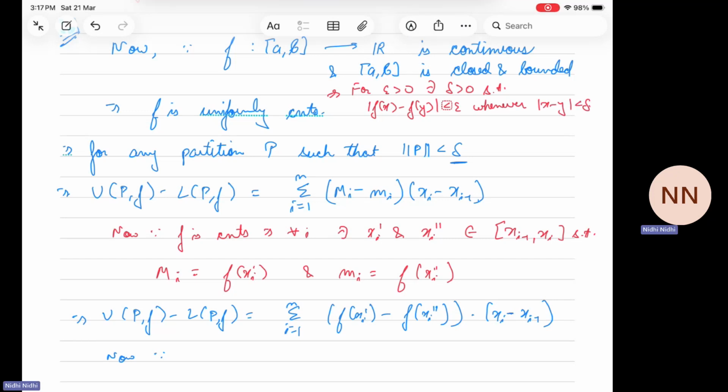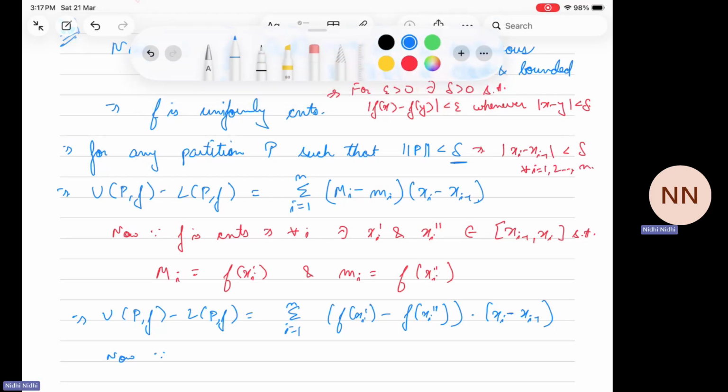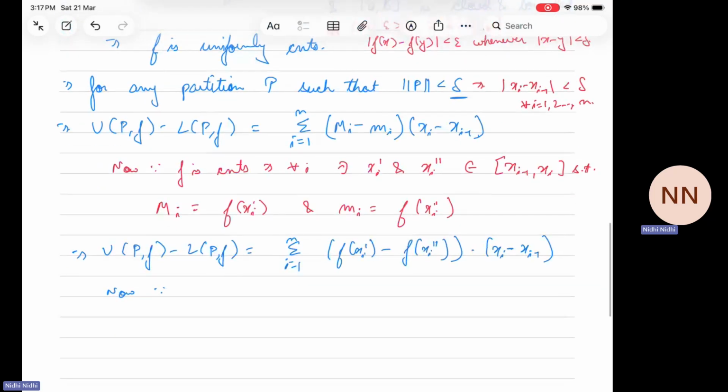Now, since norm P is less than delta, this implies mod xi minus xi minus 1 will be less than delta for every i from 1 up to n. So we are taking exactly the same delta.